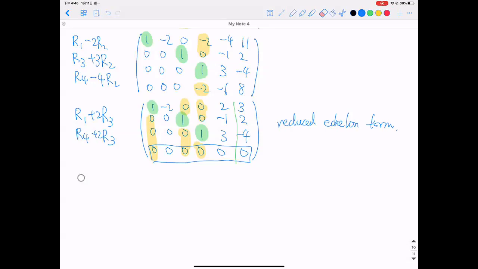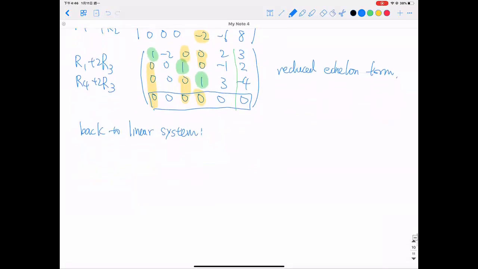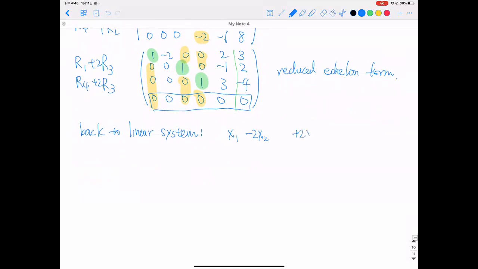Converting back to a linear system. So the resulting linear system here is x1 minus 2x2 plus 2x5 equals 3, and x3 minus x5 equals 2, and x4 plus 3x5 equals minus 4.